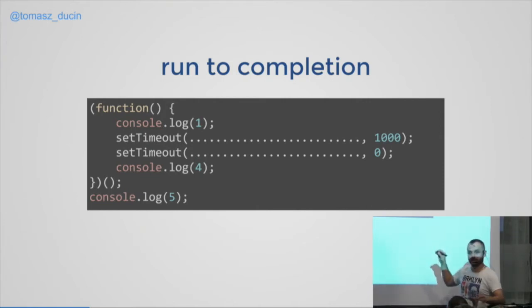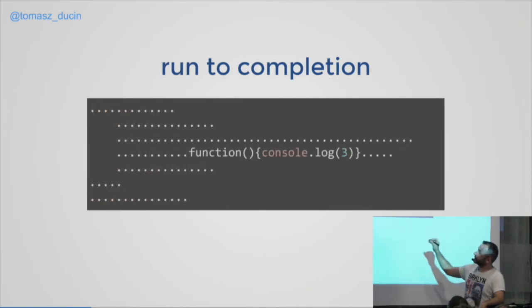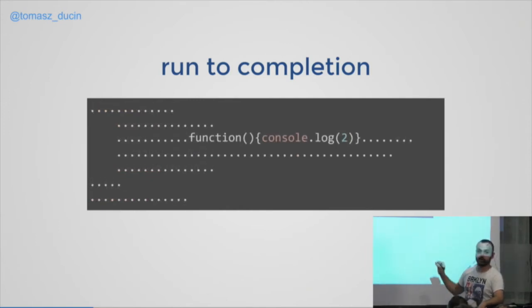These messages are not yet in the event queue. They're in the web API timer. And obviously, this one is going to be ready first. It gets in as the first message. Then after 1 second, only after 1 second, this one is going to be put onto the message queue. Hence, this is the second message, and that's the third message.